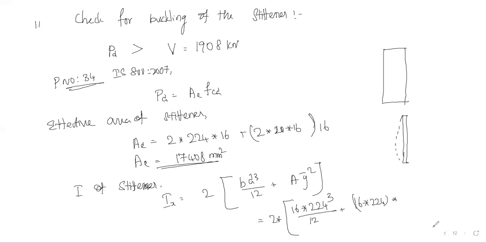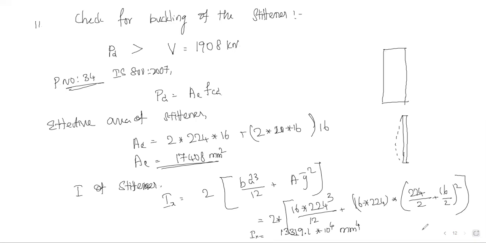So here from the centroid we are going to calculate. Okay, so 224 divided by 2 plus 16 divided by 2, the whole square. So if I'm going to have this, I'm getting the value of Ix is equal to 13,319.1 into 10 to the power 4 mm to the power 4.